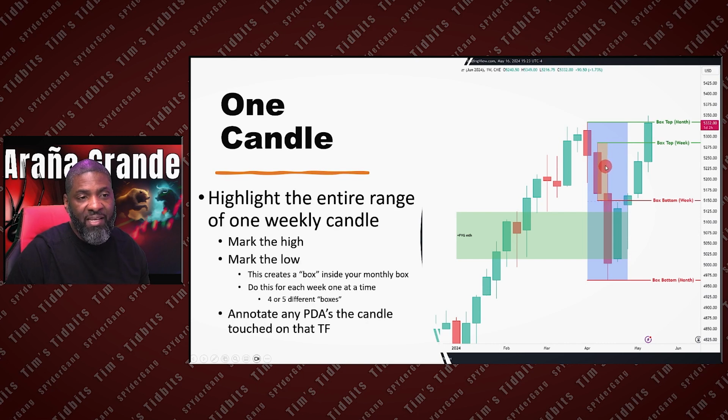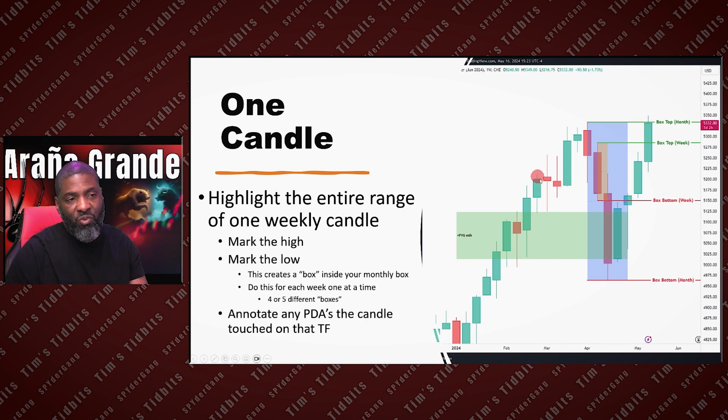If there were any PD arrays that we wanted to annotate, I'm not annotating anything right now because there are no imbalances that this candle is coming down into. Over here, we would have annotated this small BISI right there, but that's already passed. So here, we don't have anything that we really want to annotate.